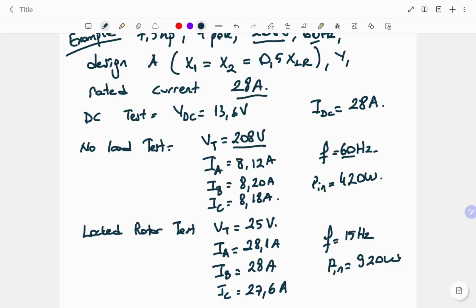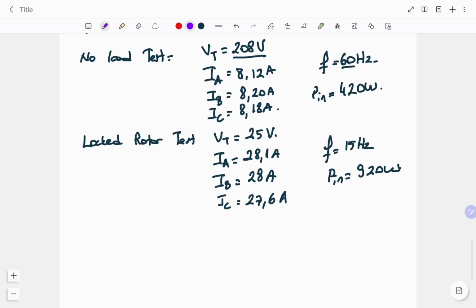So let's calculate some parameters. For example, from the DC test, we can start with the calculation of R1. So for R1, DC voltage during the DC test over 2 times IDC, because we will connect 2 of the 3 phases in series to apply this test when the system is Y connected.